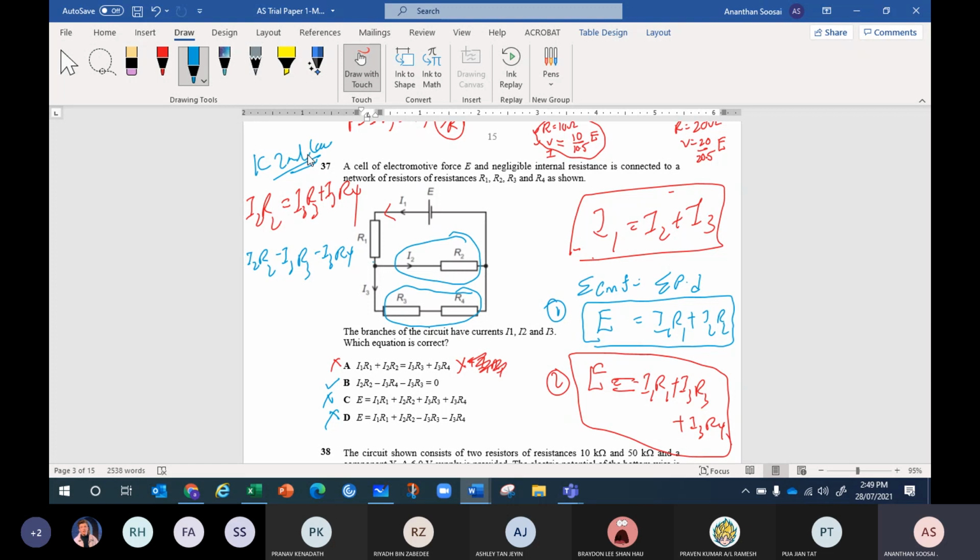Okay, which part do you still not understand? Anybody? Okay, please take down. This is basically Kirchhoff's second law. The first law is also never really applicable. Take down first before we go to the next one.